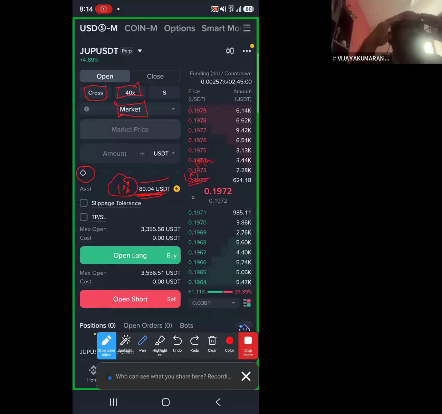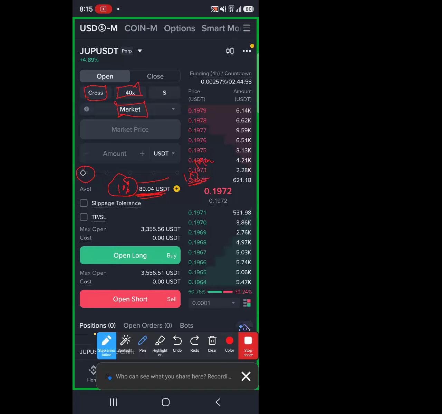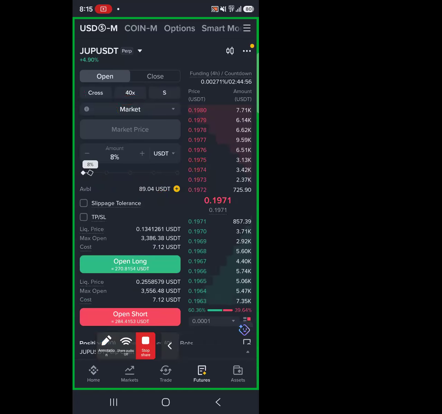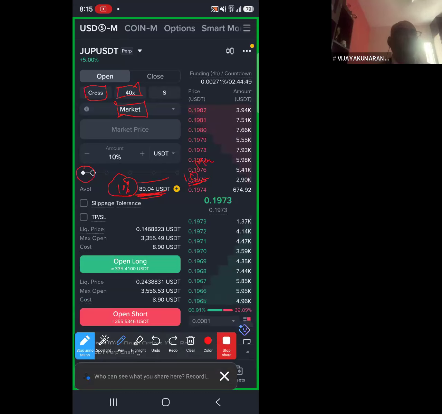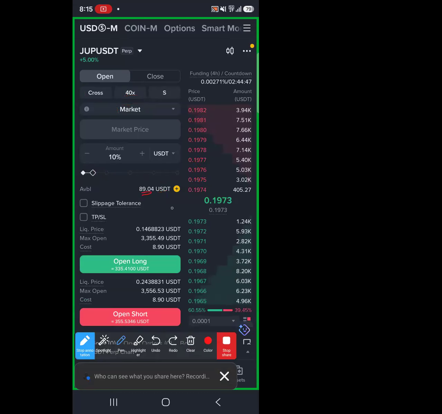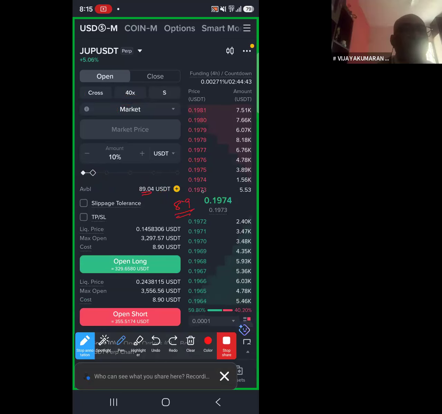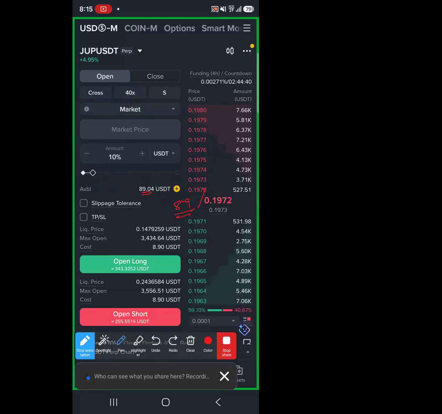So we have chosen 10%. 10% of this may be 8.9, I think. Times 40, we are going to have a position amount of how much? 8.9 times 40. What is the position amount we're going to have?